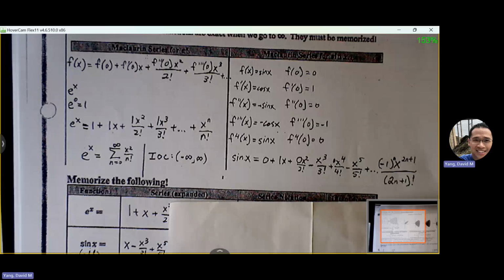So sine's derivative is cosine, cosine's derivative is negative sine, negative sine's derivative is negative cosine, and then back to sine. I'm finding all the derivatives at 0.